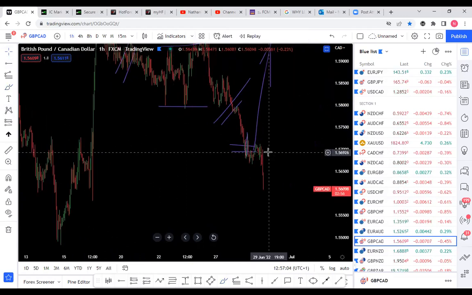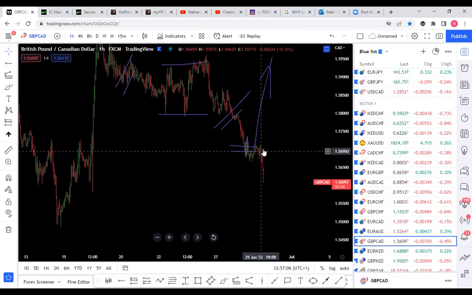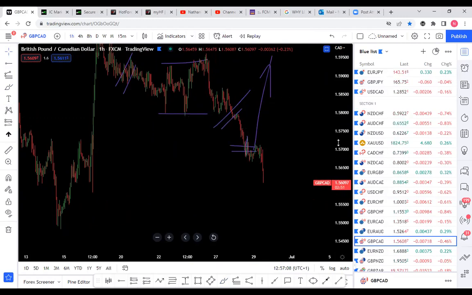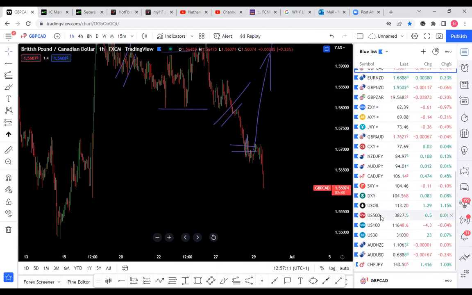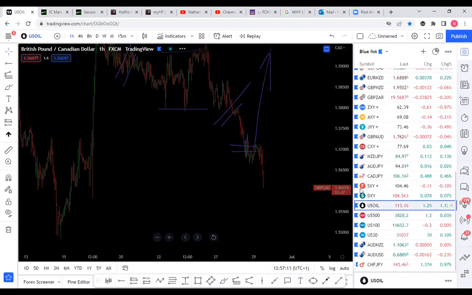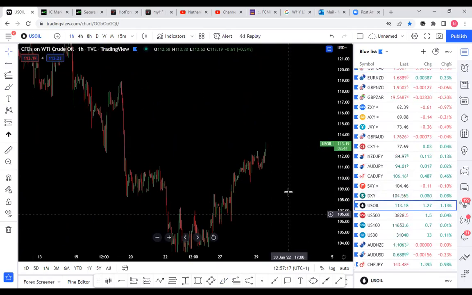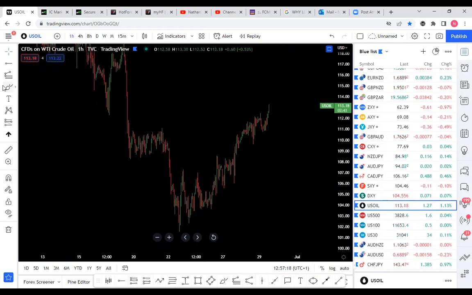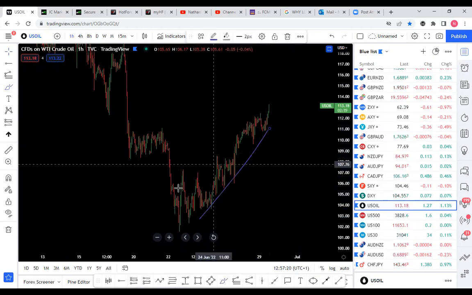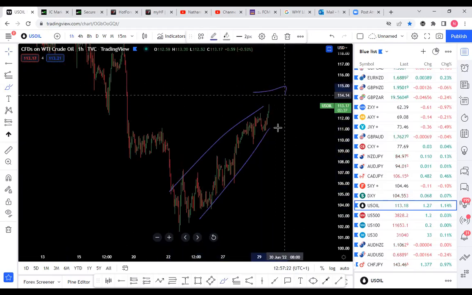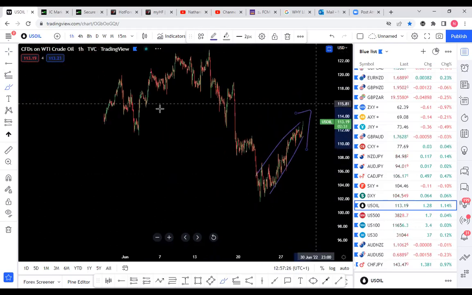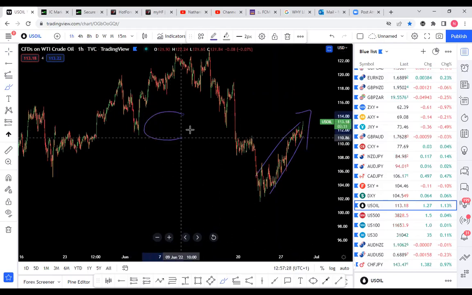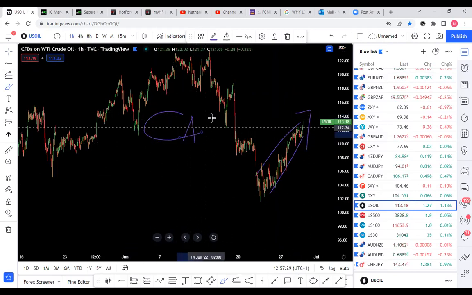But as soon as I took the trade, I remembered I have to check the situation with oil. All right. And when I checked the situation with US oil, I discovered that US oil is bullish. Okay. And if US oil is bullish, what it means is that CAD is strong.